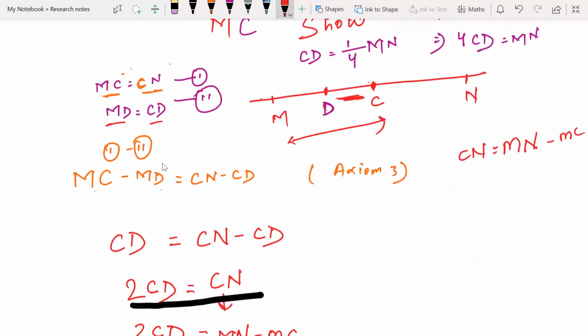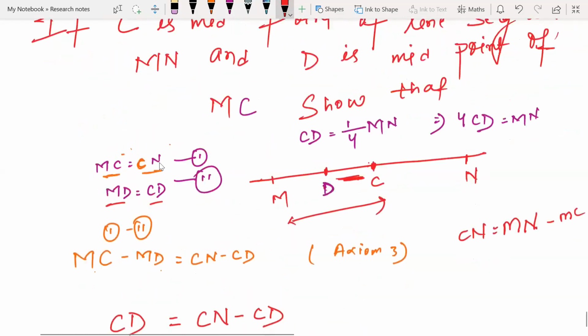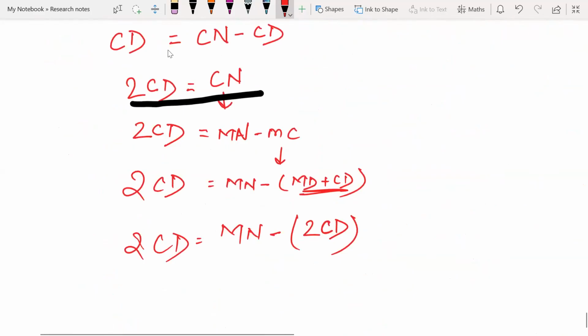CN means complete length MN minus this length MC. So that's what I have written. CN means nothing but MN minus MC. Again, I am copy pasting the figure over here so that you will not get confused.